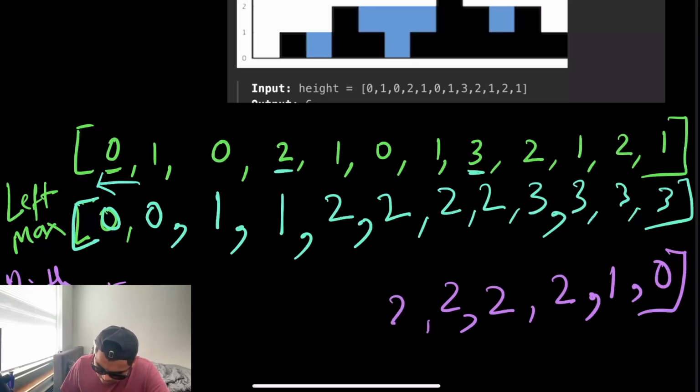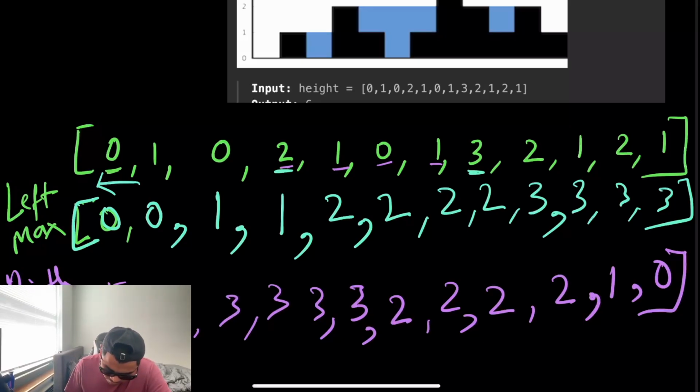For 3 I can say 2, but for 1 I've seen max 3, so I can say 3. For 1 I can say 3, for 0 I can say 3, and for everything else it's going to be 3. So 1, 2, 3, 4, 5, 6, 7. So 7 times 3. Okay, so 1 more 3.